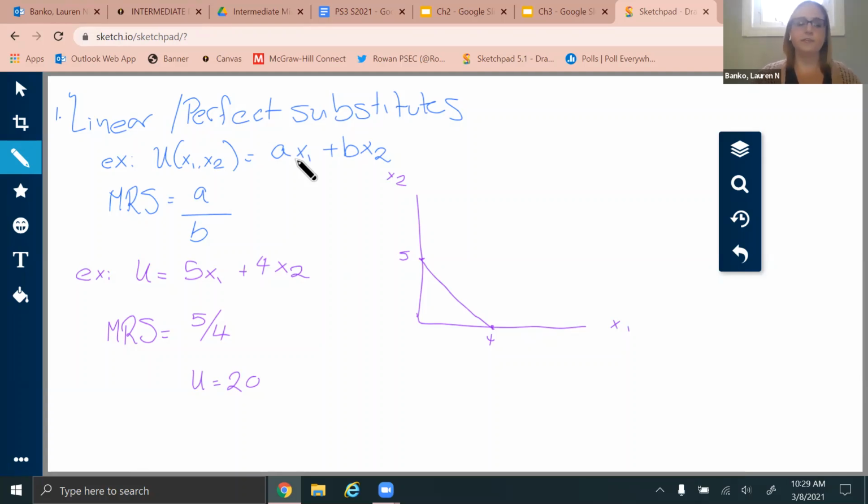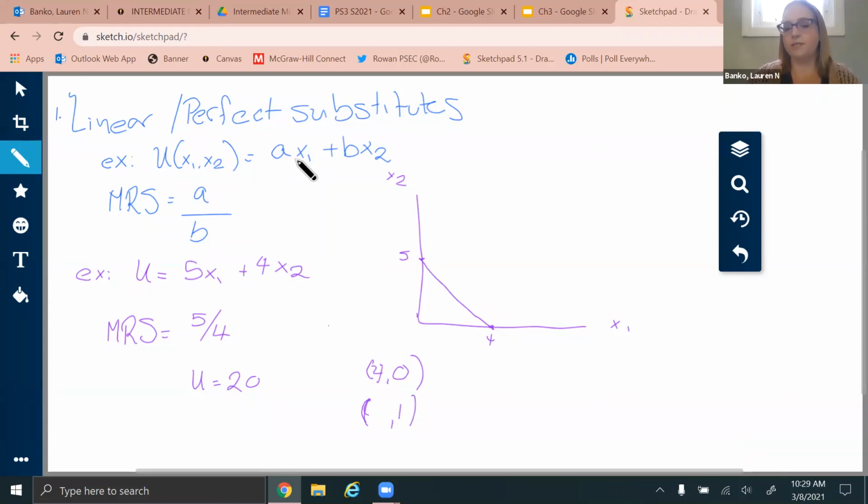Now it's called perfect substitutes because we can easily substitute between these two goods. I'm using the same word in the definition, but we can replace one with the other relatively quickly or easily. So let's say that we have 4x1 and 0x2. Sorry, the numbers aren't going to work out perfectly. So let's say we want 1x2 for some reason.